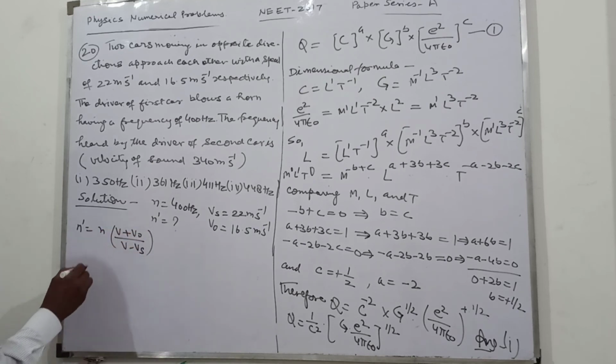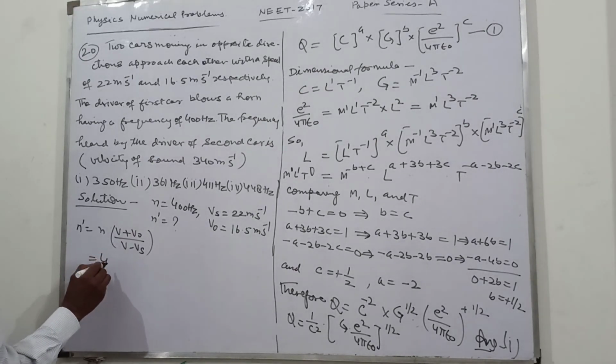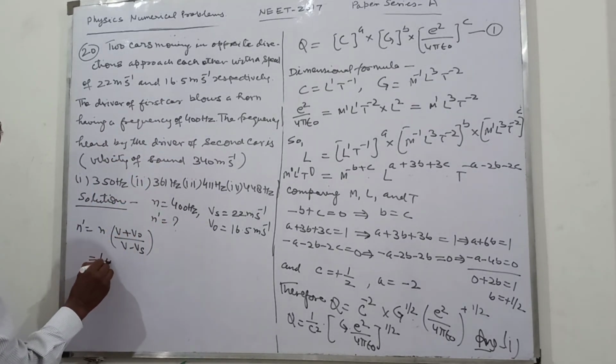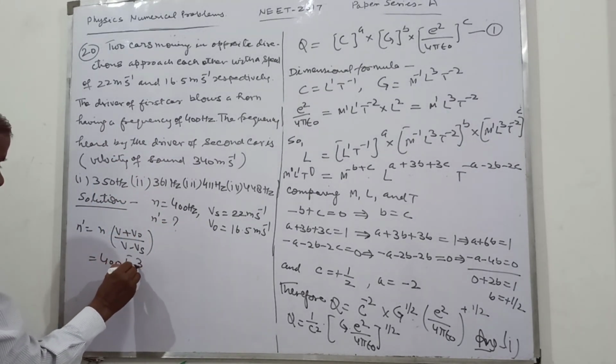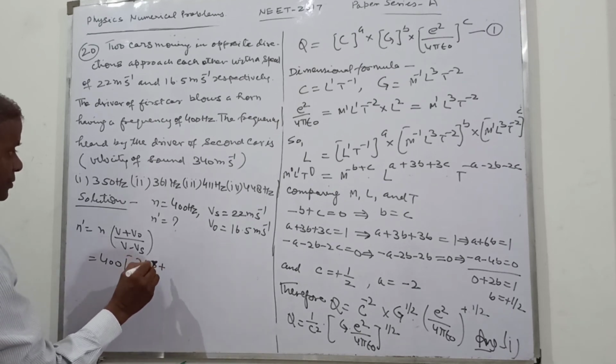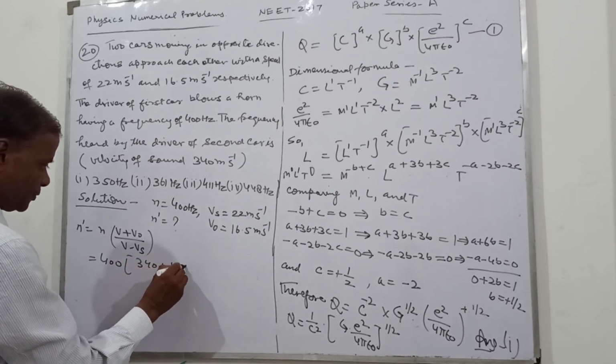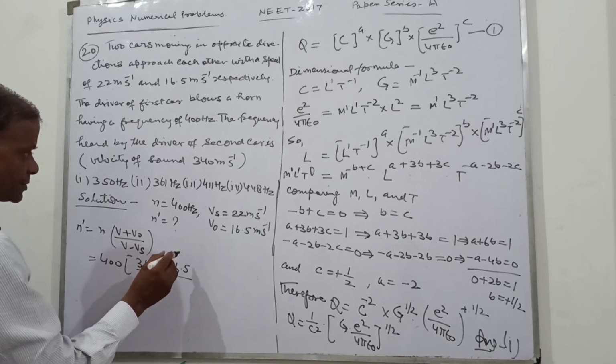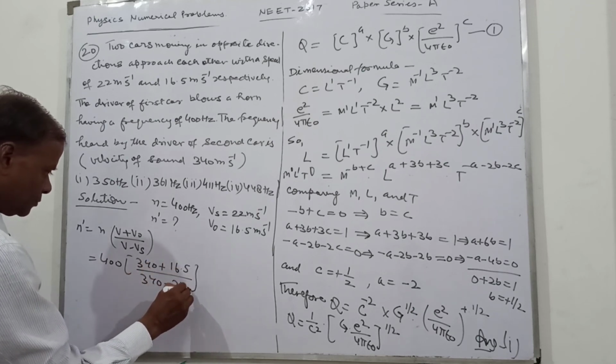This is our formula. So we have this 400, this is given, n equal to 400. This is now 340 plus V0 which is 16.5 upon 340 minus 22.